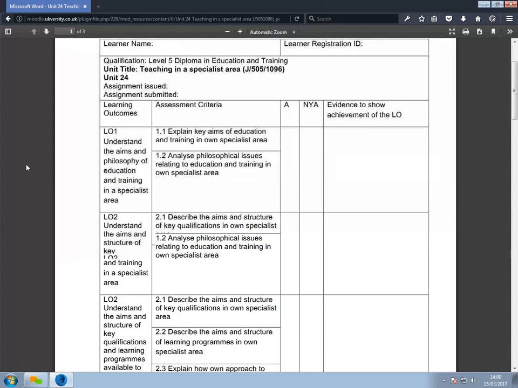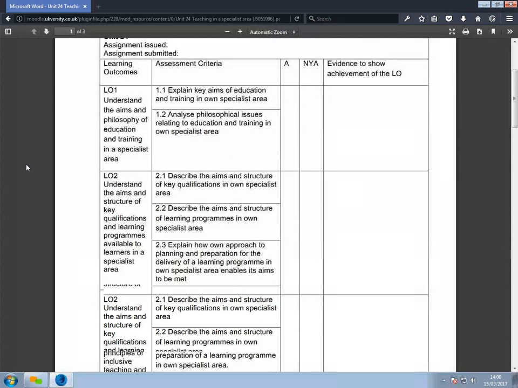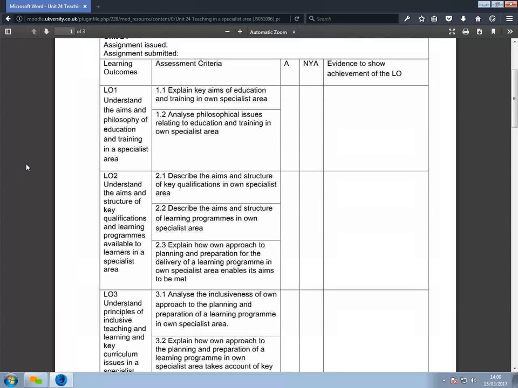This is a front sheet, and it goes on. Looking at objective one to start, I'll go quickly. Explain the key terms of education and training in your own area. Analyse topical issues relating to education and training.